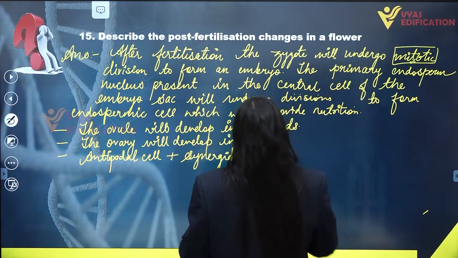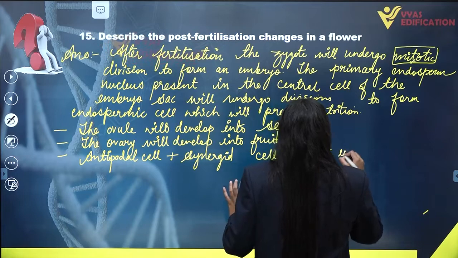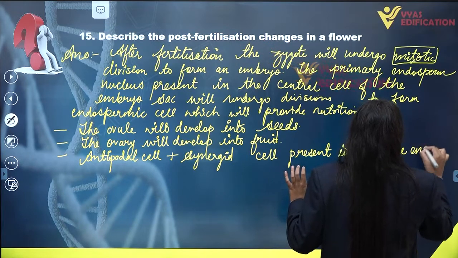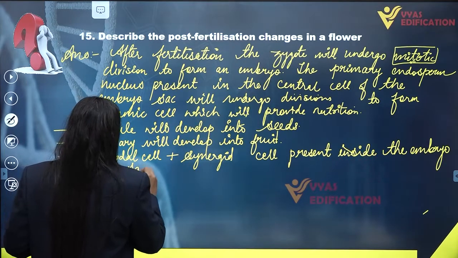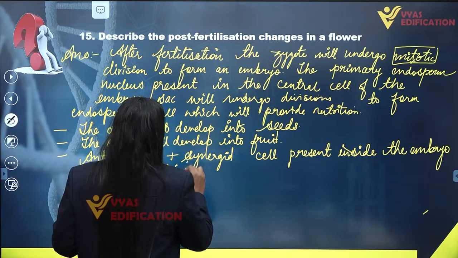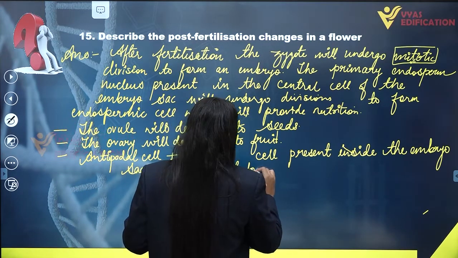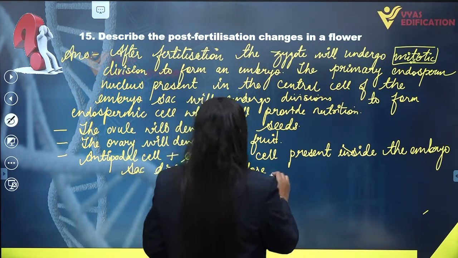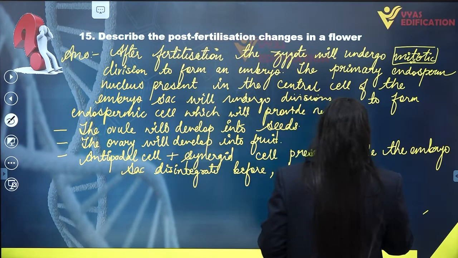So antipodal cells and synergid cells present inside the embryo sac disintegrate. For sure they will disintegrate, but this can happen before, during or after fertilization.